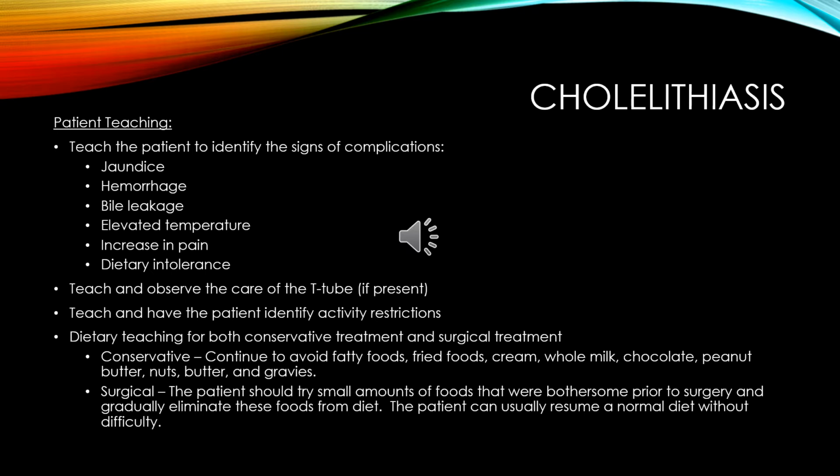If they suddenly become jaundiced, if they have some excessive bleeding, if they see that they have some leakage of bile, their temperature is elevated, or if they have a sudden increase in pain and they can't tolerate it or can't get it under control with some analgesics, if they have dietary intolerance, that's probably something that they would at least need to call and report.